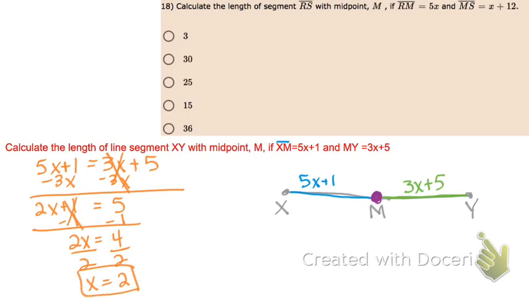Now, it's not asking me what does x equal. It's asking me what is the distance from x all the way over to y. So I need to then substitute. So for XM, that is 5 times 2 plus 1. I just substituted 2 in for x.